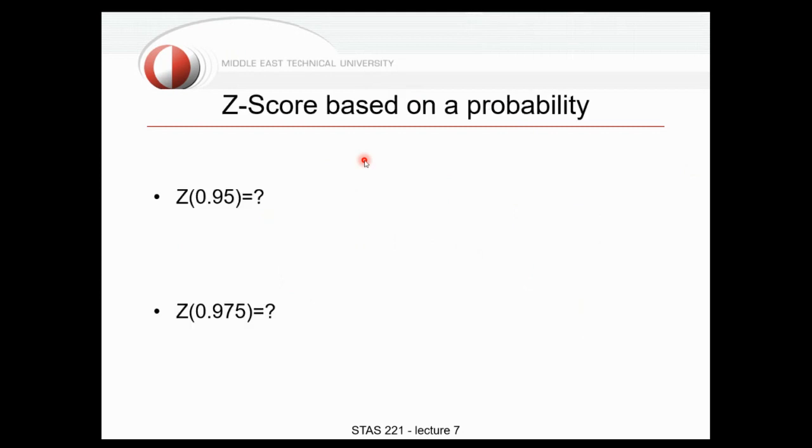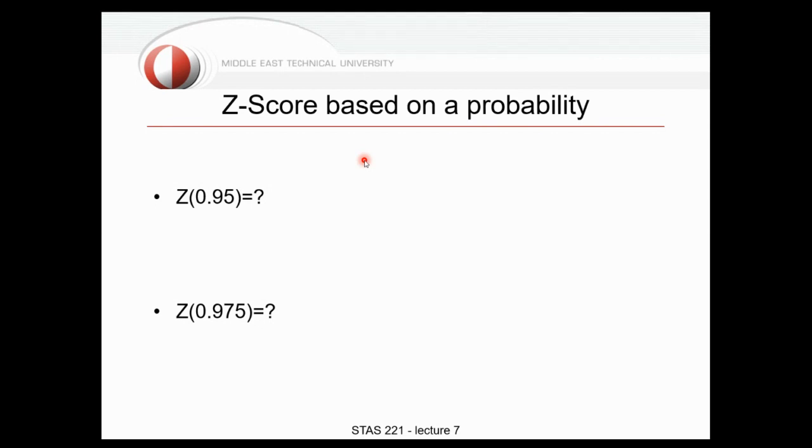Now, from time to time in our confidence interval, you will face a case where inside the parentheses we write, for example, z of 0.95. What does it mean? This is different from the one that we asked you, like, what's the probability of x less than something, where we convert it into the probability of z less than something, and we read it from the table. This is the vice versa case.